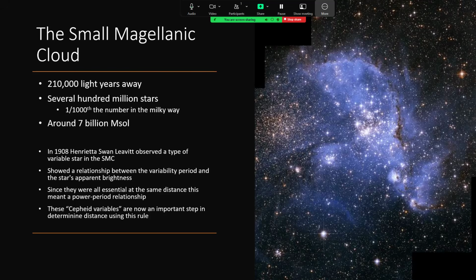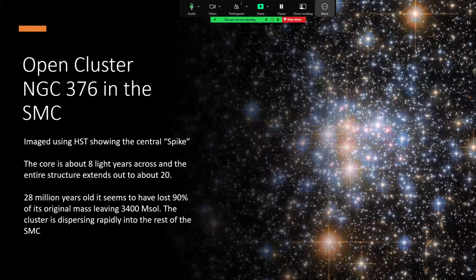There are lots of interesting things in and around the LMC as well as the SMC, and you can see some of them here. In the SMC, we've got NGC 376 imaged with the Hubble Space Telescope here, which has this curious sort of spike through the center of red stars there. It's about 8 light years across as a cluster, and it's beginning to dissipate.